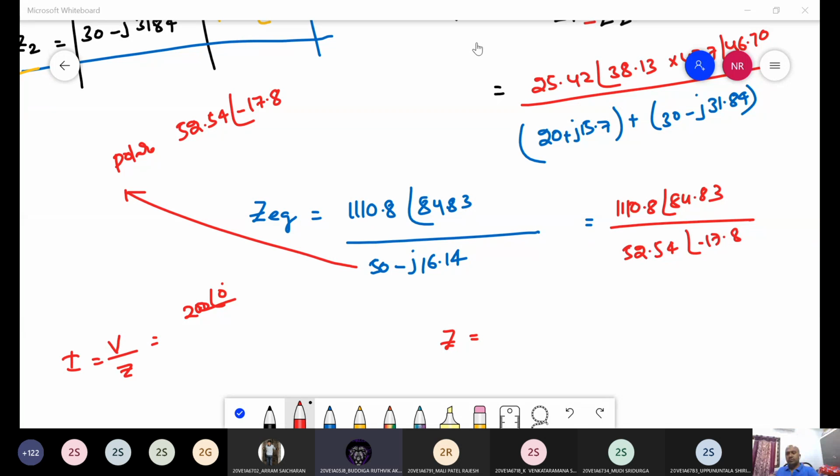Sir, why do we need to convert into polar again? Because here we are doing division. The numerator 111 is divided by some quantity.